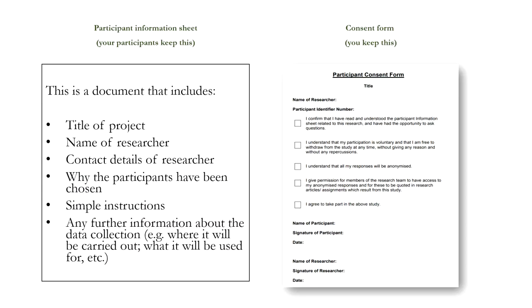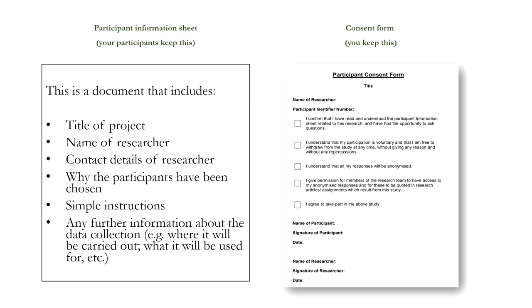Some final bits and bobs in terms of documents that you should also prepare in the ethics application process, in addition to the ethics form that we've just gone through. You should provide a participant information sheet, a document that you give to your participants. Say you're running a survey online, this is something you would include at the beginning of that survey.